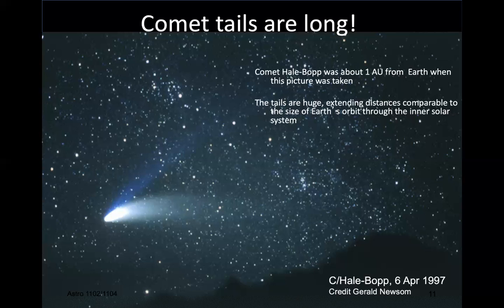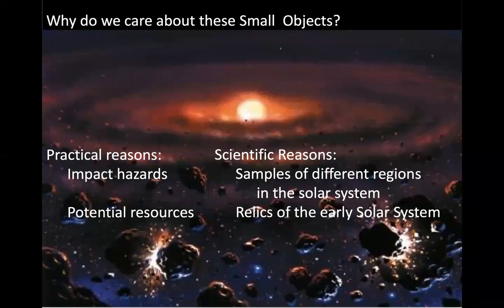But why do we care about these little objects, these things that are maybe a few to a few hundred kilometers across? Well, there are practical reasons and scientific reasons. On the practical side, which is the one we're going to focus on in this particular video, there is the fact that these objects are a risk.